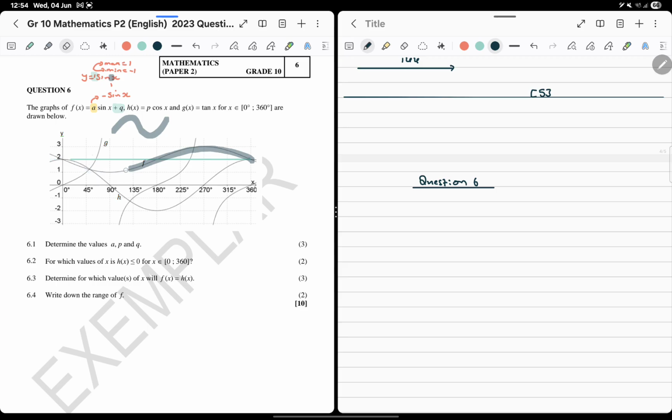So please guys, be able to analyze graphs using well-known knowledge about these functions. If that is lacking, I promise you these questions will look very difficult, and yet they are very simple. But now there's a plus q. So what did we add? We can see that our graph was meant to be normally at 0, right?